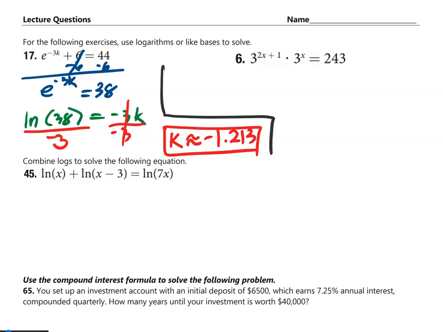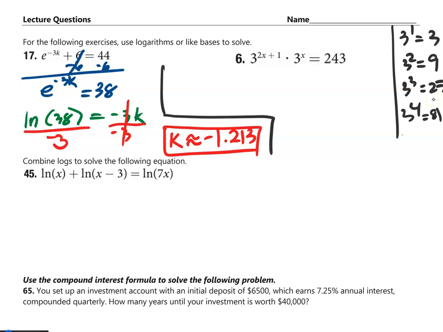Number 6, 3 to the power of 2x plus 1 times 3 to the power of x is equal to 243. So let's recall, 3 raised to 1 is 3, 3 squared is 9, 3 cubed is 27, 3 to the 4th is 81, and 3 to the 5th is 243.